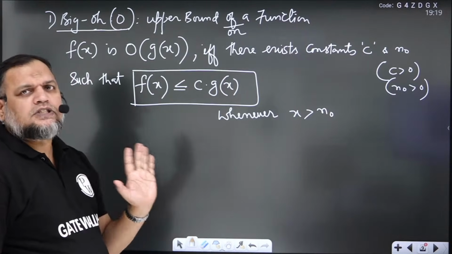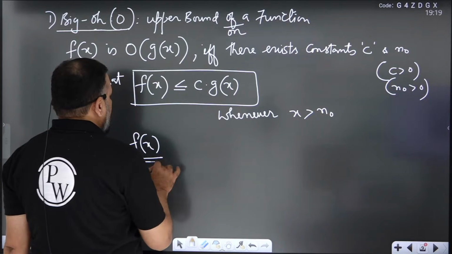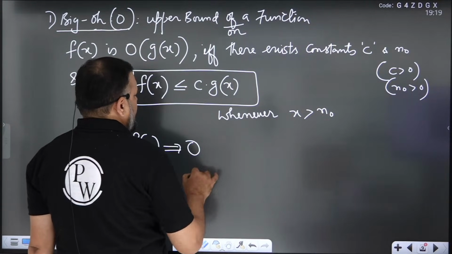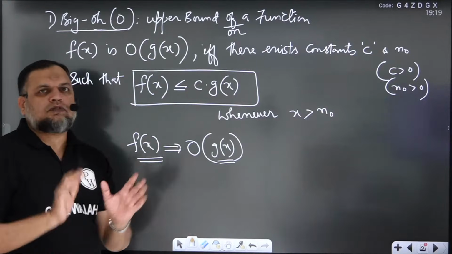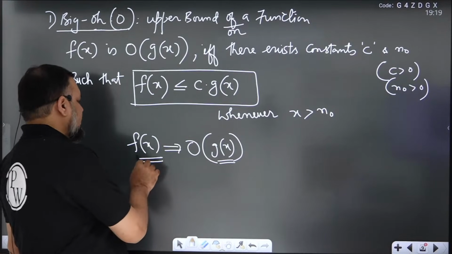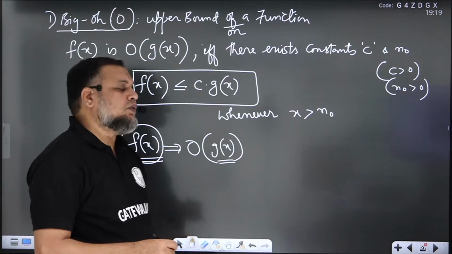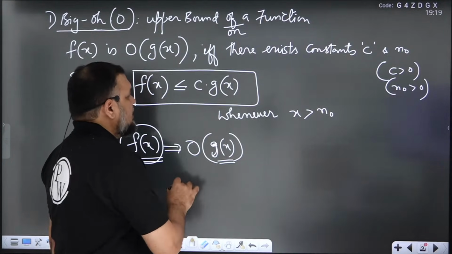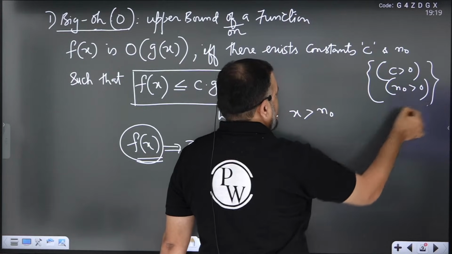इसका मतलब ये है in simple terms, if you are given a function f of x, if you want to find the order of it, means you have to find another function g of x. मैं simple terms में आपको समझा रहा हूँ. If you are given a function f of x, अब अगर आप उसका upper bound function find out करना चाह रहे हो, तो you have to find another function g of x which satisfies this inequality under these constraints.